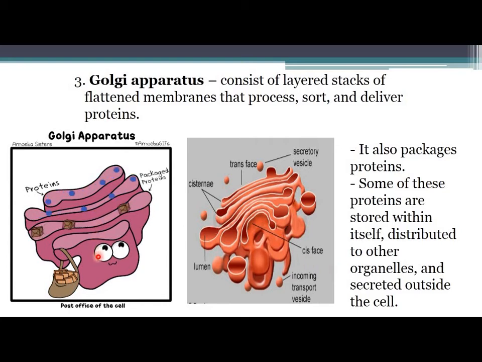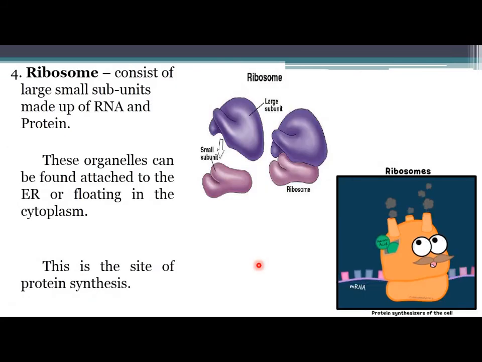And then, pwede rin itong mga proteins na to i-distribute to the other organelles na meron tayo sa cell and secreted outside the cell. So, papunta, palabas sa ating cells. And then, balik tayo, meron tayong tinatawag also na ribosomes.